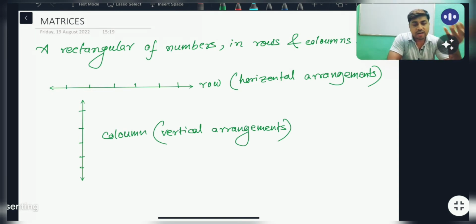Suppose students of class 10 are arranged in some rows, meaning I have arranged them row wise, and in some number of columns, meaning column wise, vertically. That is what is meant by vertical arrangement. If you arrange them vertically, standing one after another in lines, that is called a vertical arrangement or column arrangement, and horizontally means row arrangement.